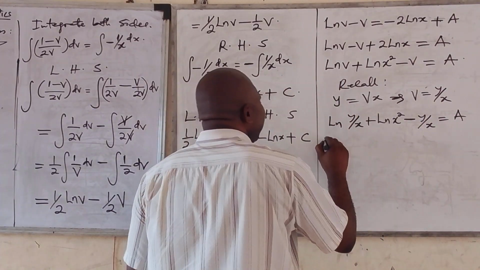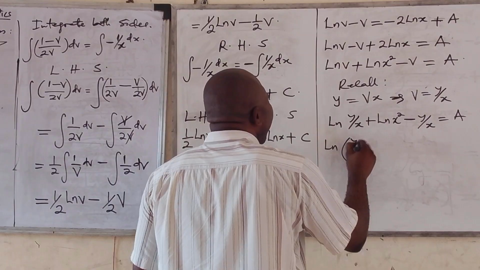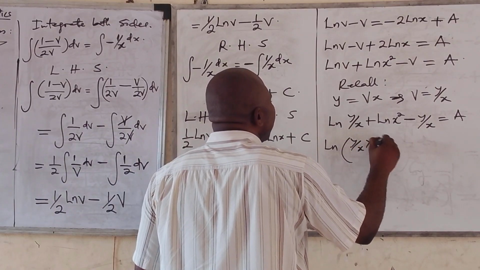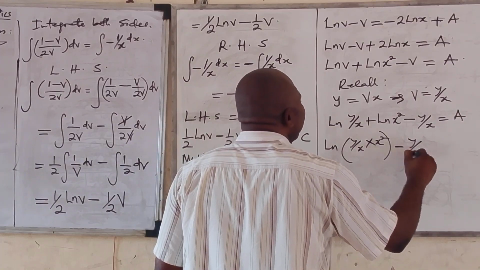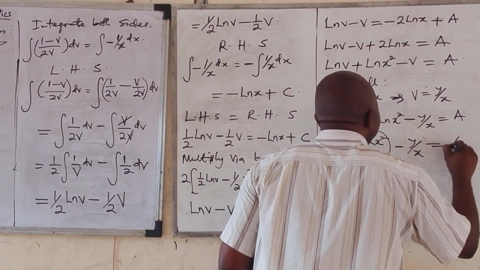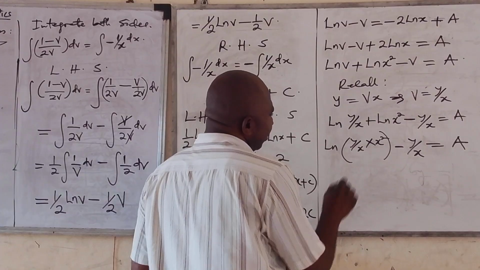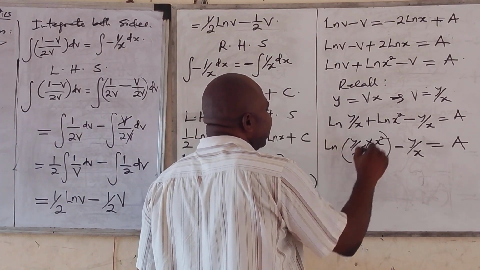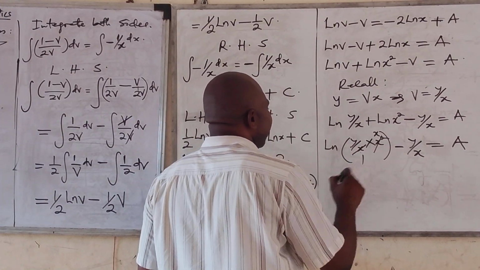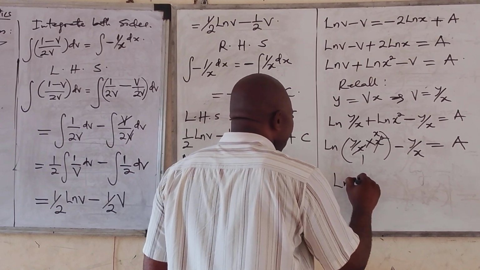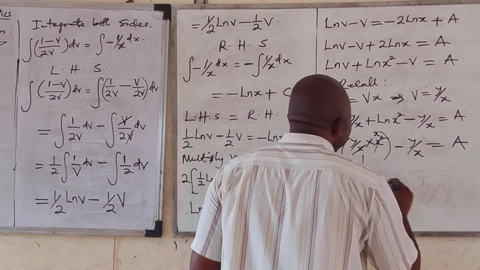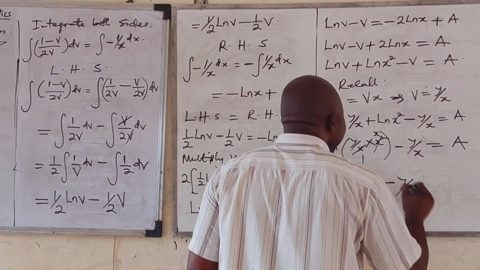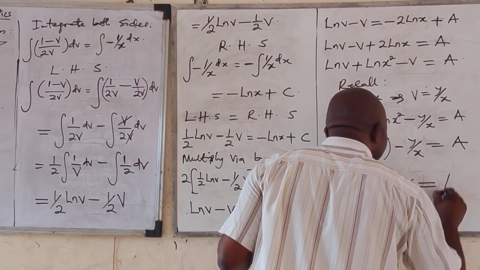So this will be ln (y over x times x squared) minus y all over x is equal to a. At this point, this x will cancel, x here is 1, x into x squared is x. So we have ln yx minus y all over x will be equal to a.